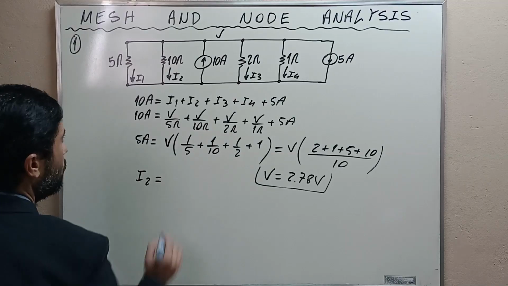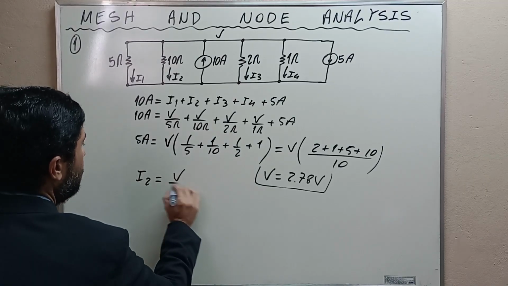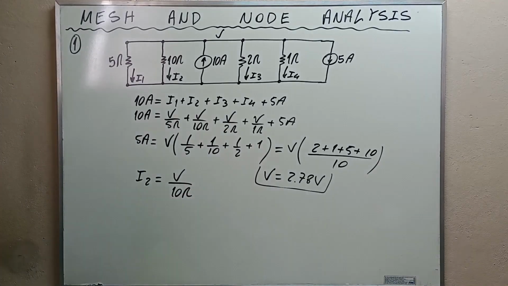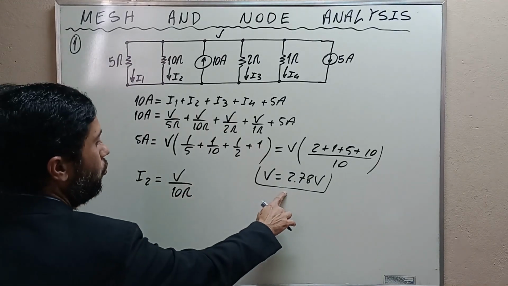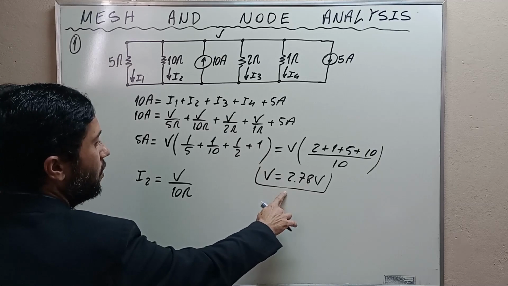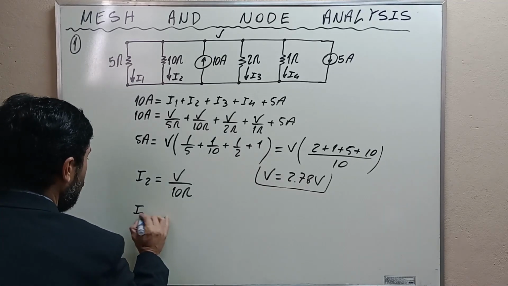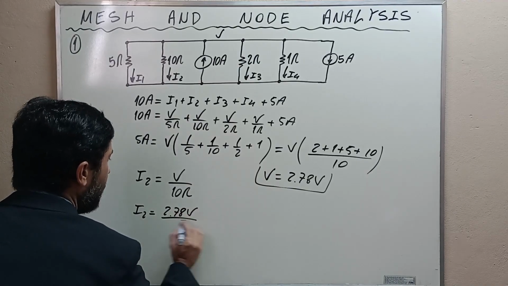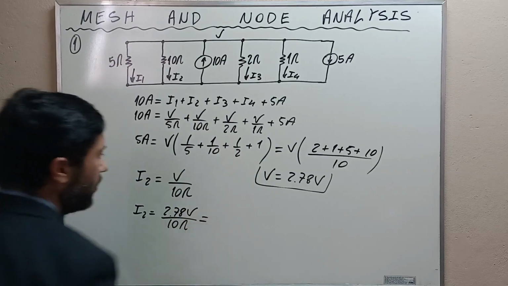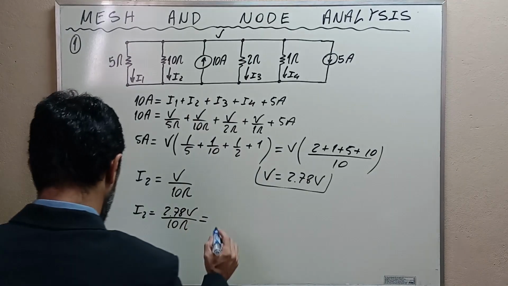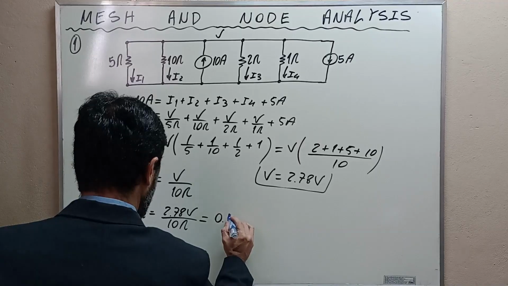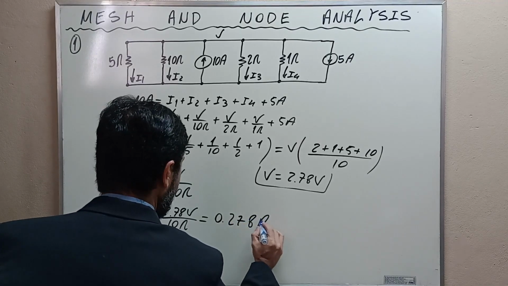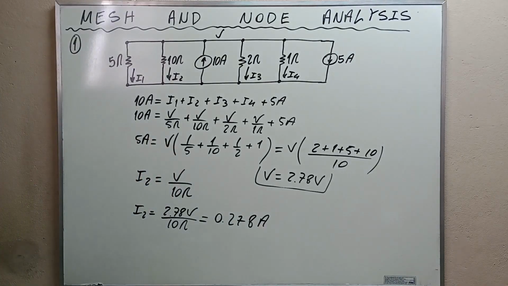I2 is equal to V divided by 10 ohms, okay? And the value of V is 2.78 volts. I2 is therefore 2.78 volts divided by 10 ohms, and this is equal to 0.278 amps. Okay, my friends?